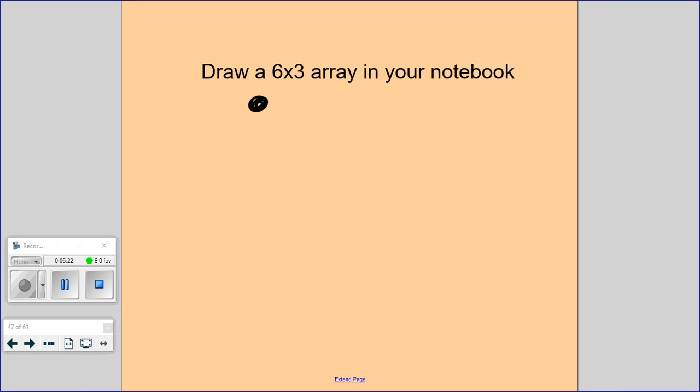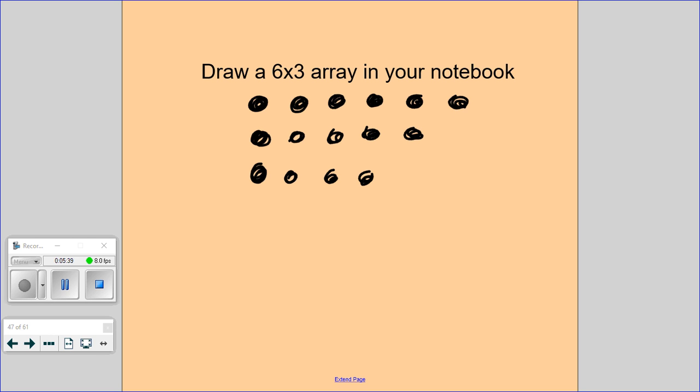Drawing a 6 by 3 array. What is the product of a 6 by 3 array?